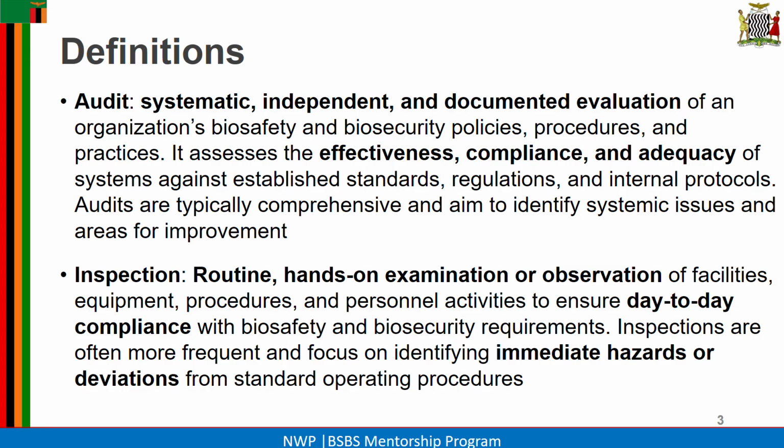Whilst in an audit, you're mostly looking at long-term hazards, and if you need to put up actions to correct those, mostly what works to close up the gaps for an audit are corrective actions and not really immediate action. Immediate actions can work for an inspection, but for an audit, you may want to do some form of detailed corrective action and preventive action if necessary.